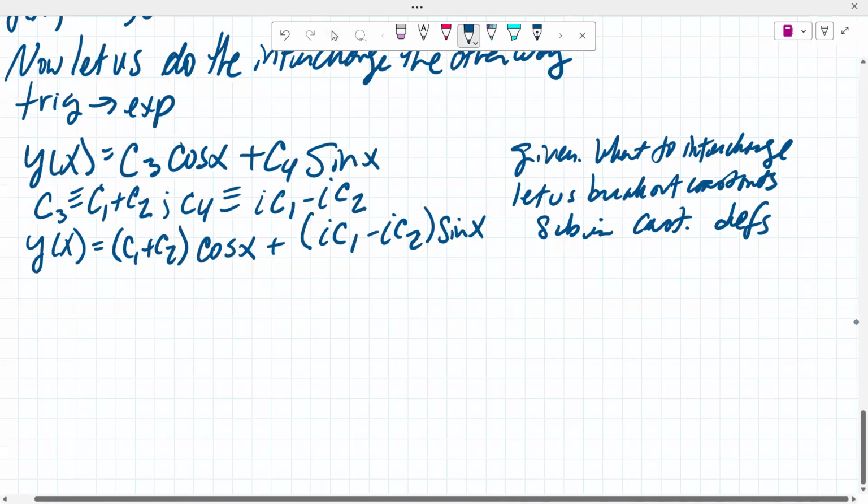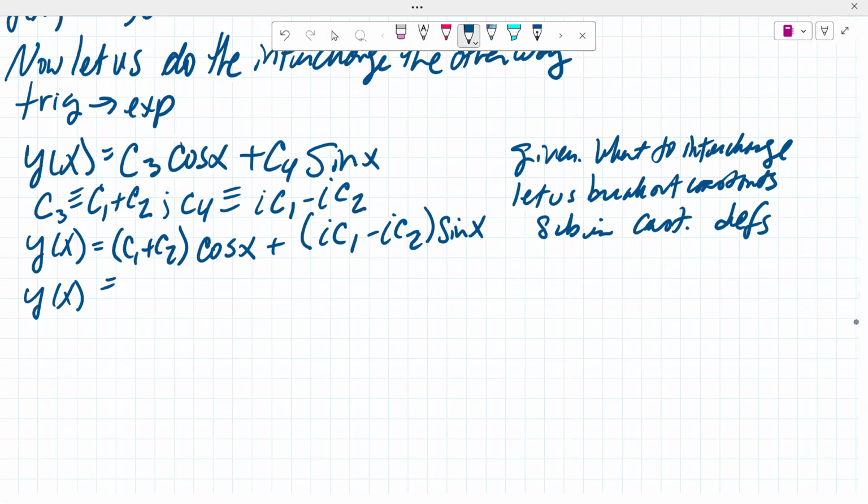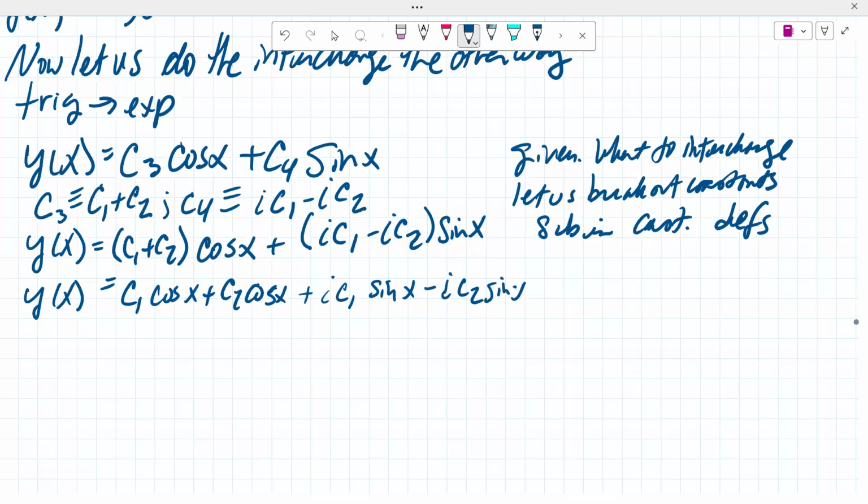Now y of x is equal to C1 cosine x plus C2 cosine x, I'm just distributing out, plus I C1 sine x minus I C2 sine x. This is distribute.